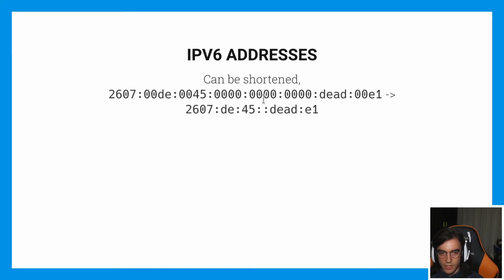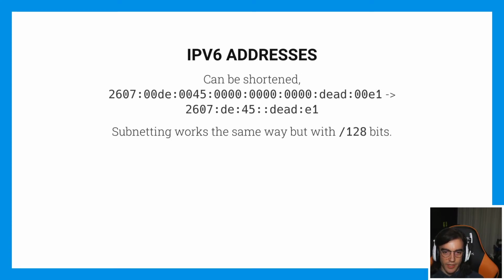So this address looks pretty long at first, but when we simplify it, it can be much prettier. And there's a lot of people who criticize IPv6 because addresses are harder to remember, but you shouldn't really be remembering addresses anyway. You should be using DNS to make friendly names for your addresses instead.